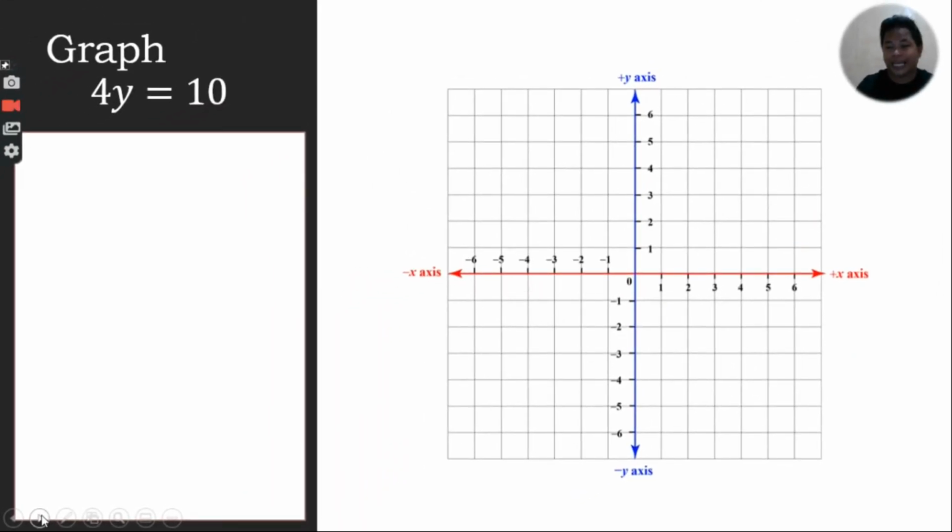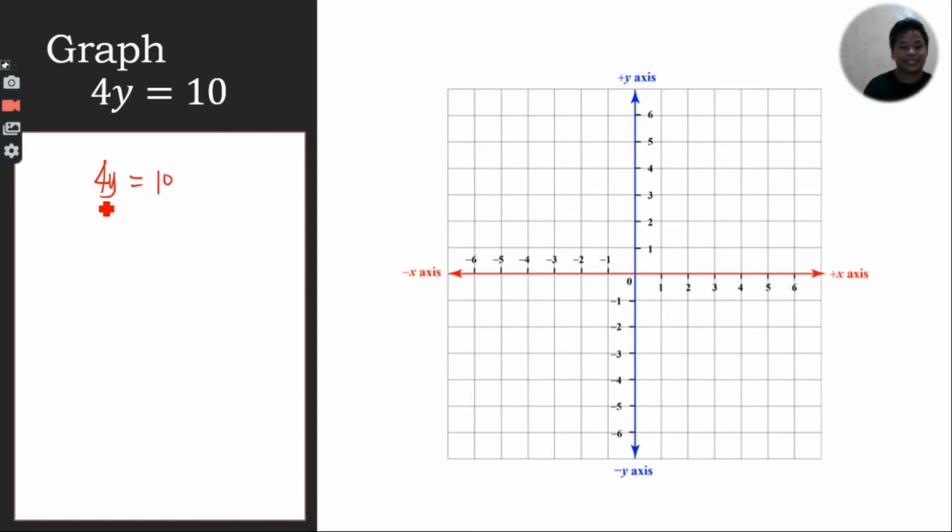Next po tayo. Graph 4y is equal to 10. So in this case po, 0 po yung ating A. And kapag 0 po yung ating A, the graph of the line is a horizontal line. Thus, we have 4y is equal to 10.